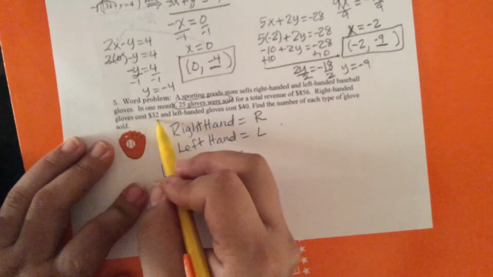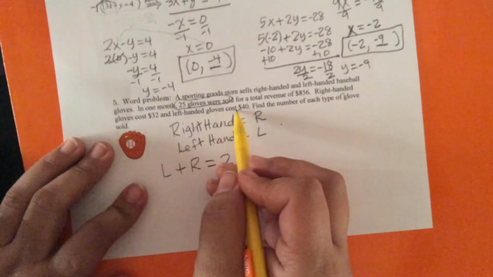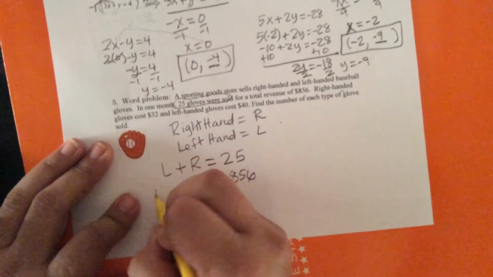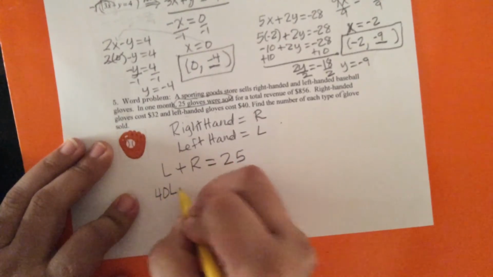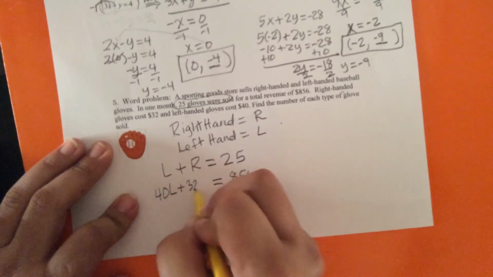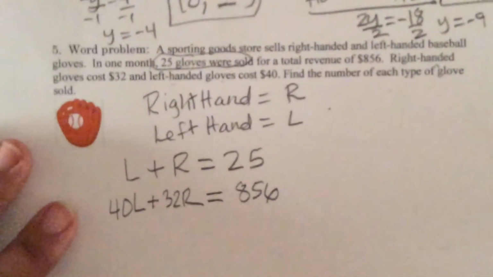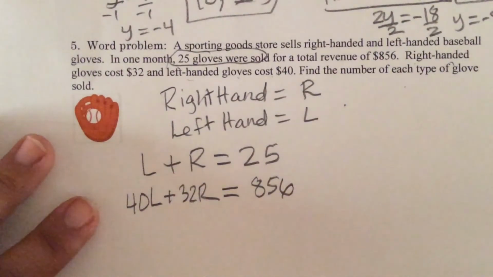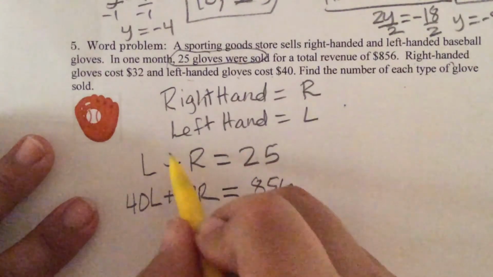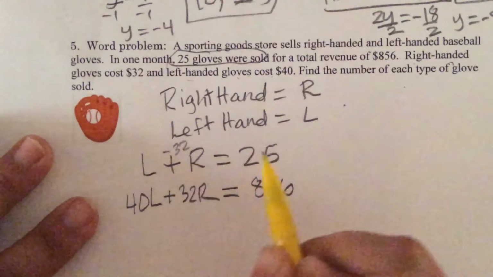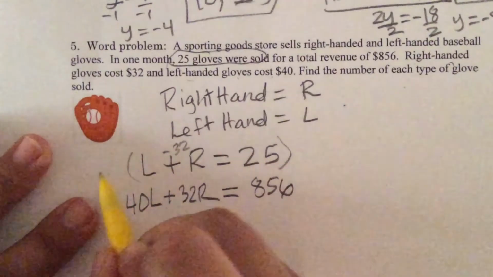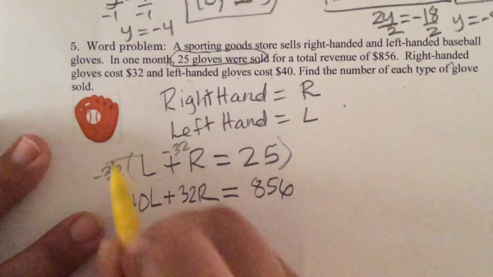Right-handed gloves cost $32 and left-handed gloves cost $40. So $40 are your left-handed and $32 are your right-handed. Okay. So now, wouldn't it be nice if I had a negative 32 right here? Well, I'm going to multiply this by negative 32.